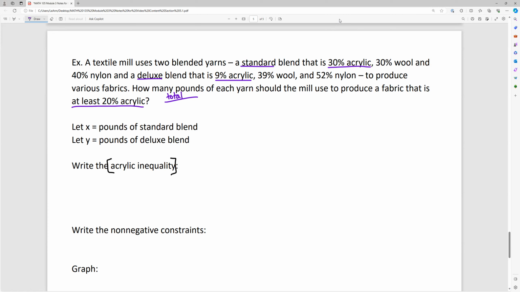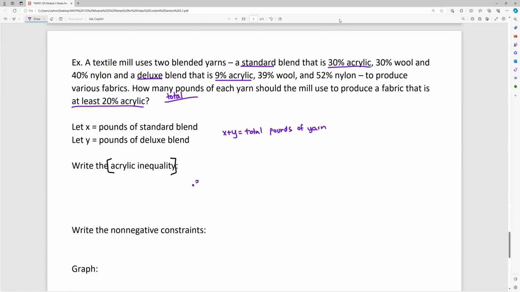If X is the pounds of standard blend and Y is the pounds of deluxe blend, X plus Y is going to be the total pounds of yarn. We're going to need that for the right-hand side because, again, a percent cannot be by itself. It has to be a percent of something. So in the acrylic inequality, we're going to have 30%.